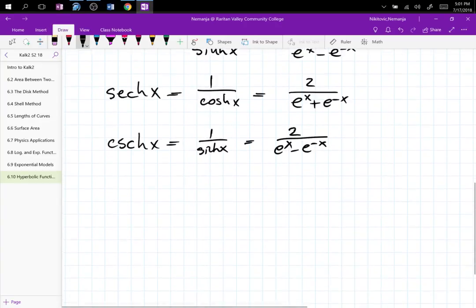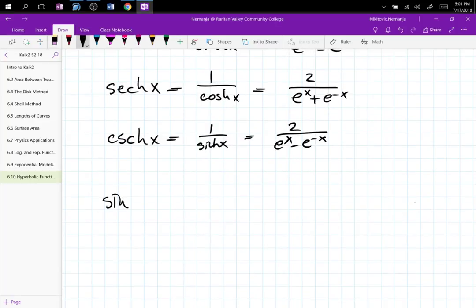So how much is sine hyperbolic of 3? Well, that's going to be e cubed minus e to the negative 3 divided by 2, and that's going to be some decimals. So you can punch that in a calculator and see what we get.